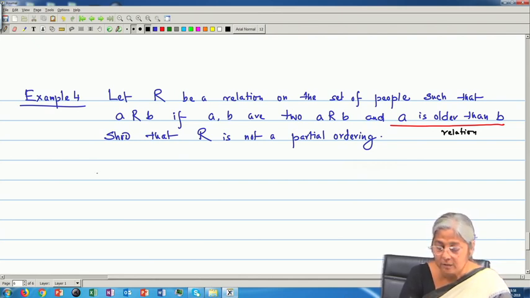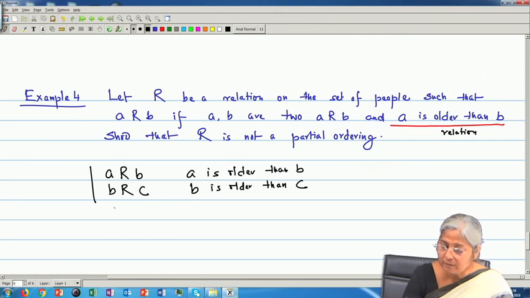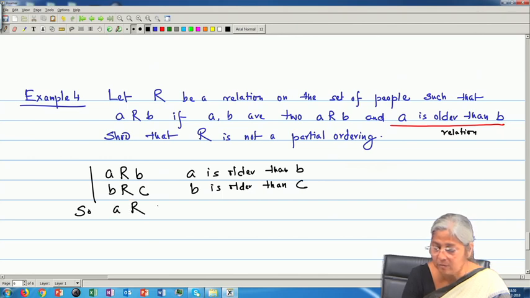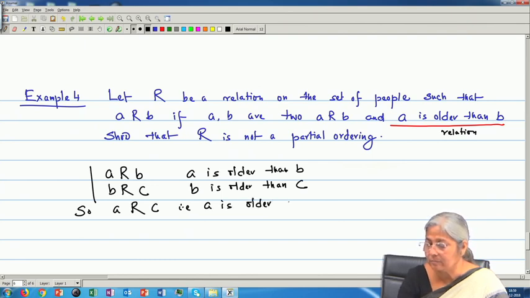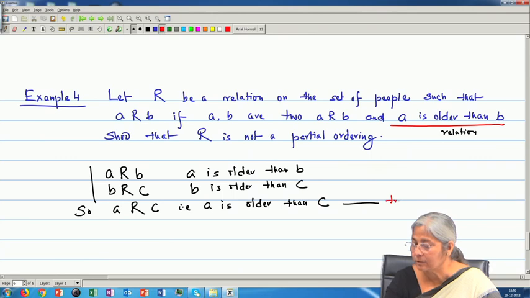First we take 3 people A, B, C such that A R B, that means A is older than B, and B R C, that means B is older than C, which means that A R C holds, that is A is older than C. So, it is transitive.